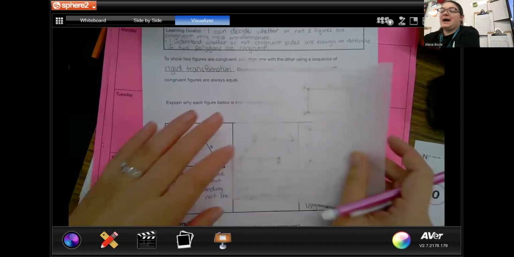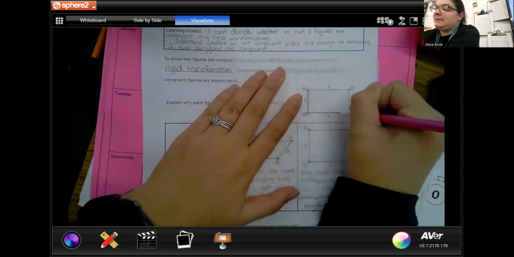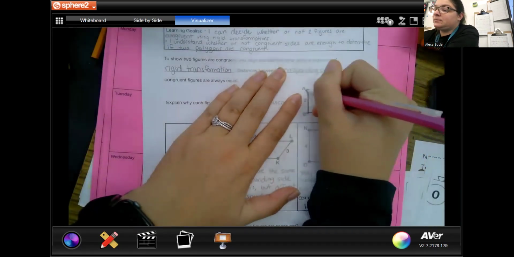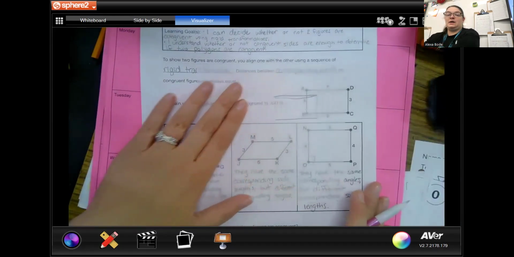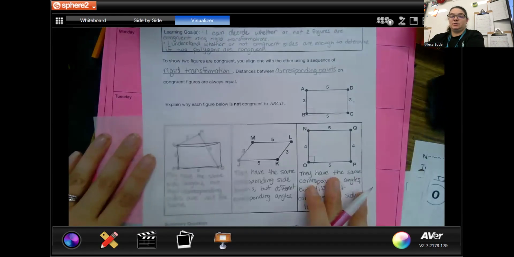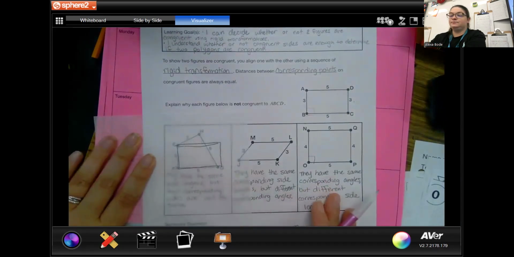So using patty paper, for example, I can bring this one over here. You can see that this side length is the same, this side length is the same, but these two are not.